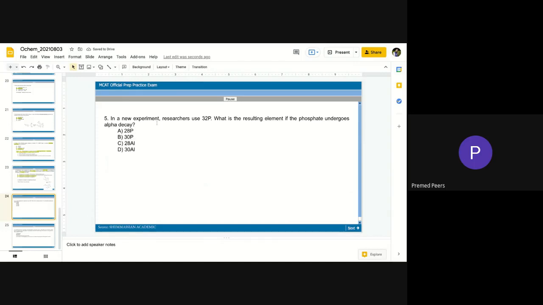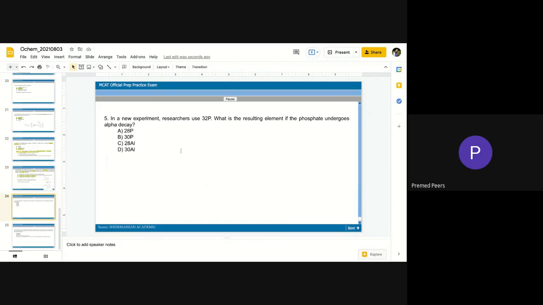All right. So fifth. This is a question that I added because last week we did a question on radioactive decay. This question asks about alpha decay.